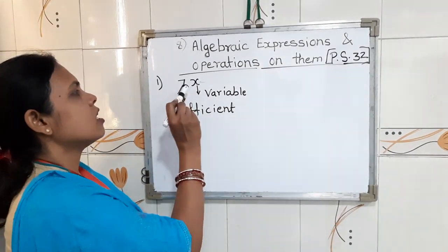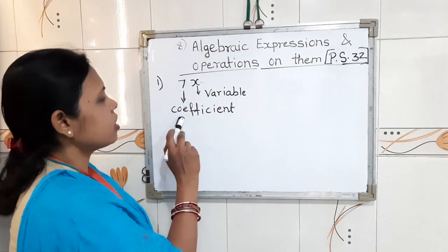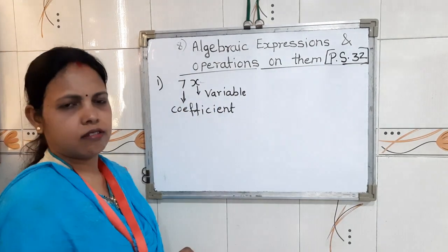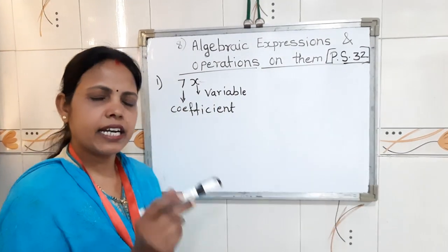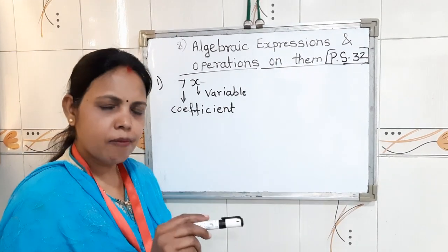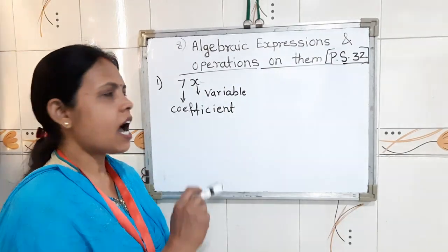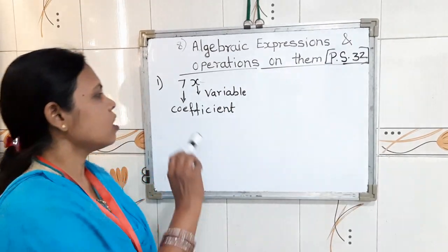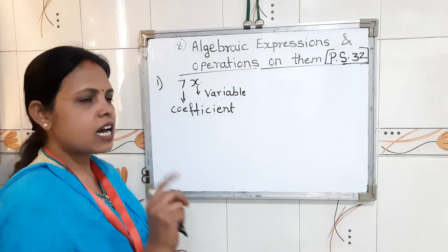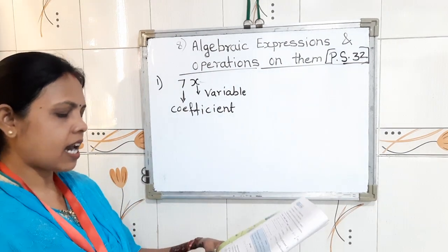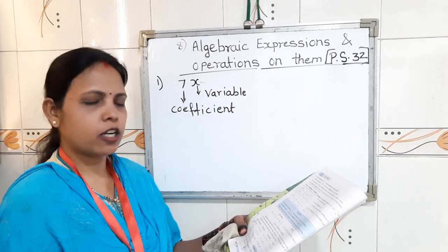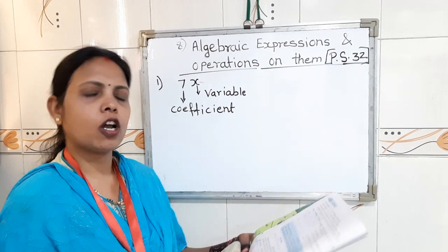In that, 7 we will call the coefficient and x the variable. The alphabets A to Z, all those alphabets are called variables and all the natural numbers are called coefficients. The question says classify the following algebraic expressions as monomial, binomial, trinomial or polynomial.